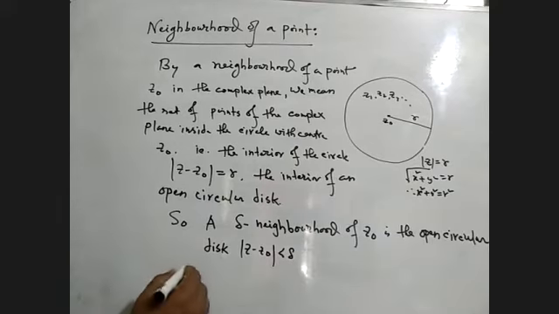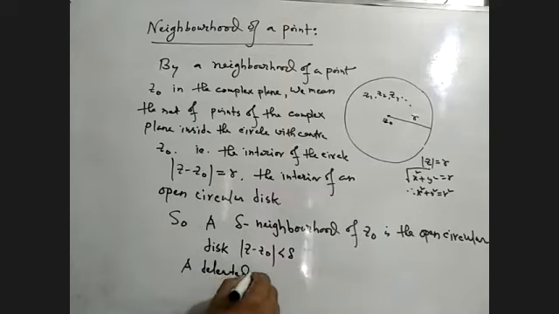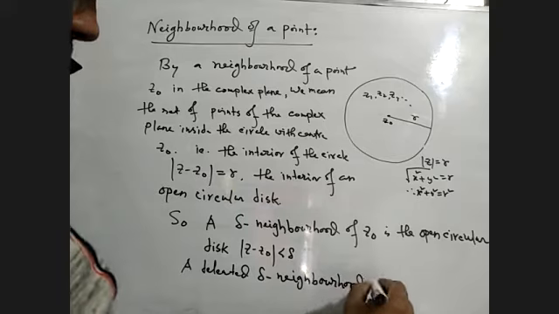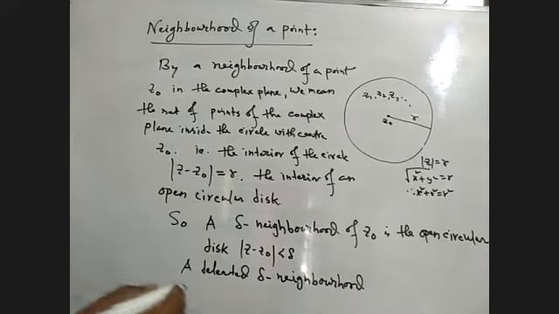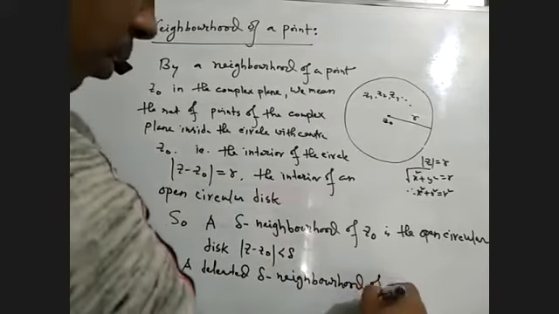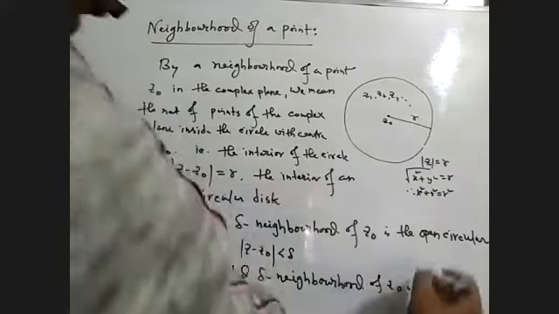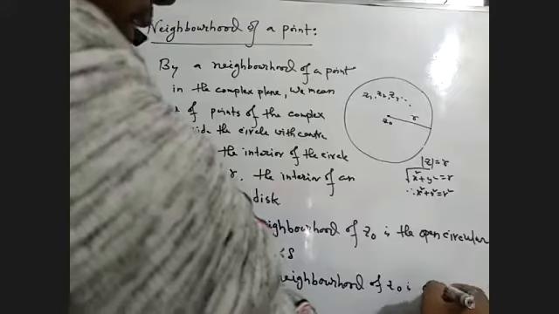A deleted del neighborhood of z naught will be what? The center (0, 0) will be deleted.